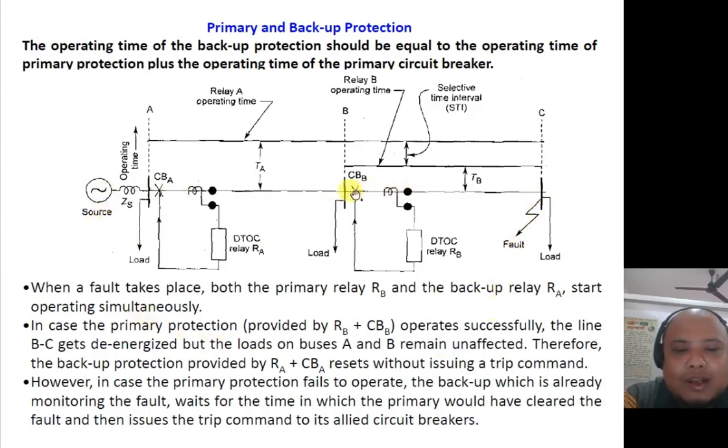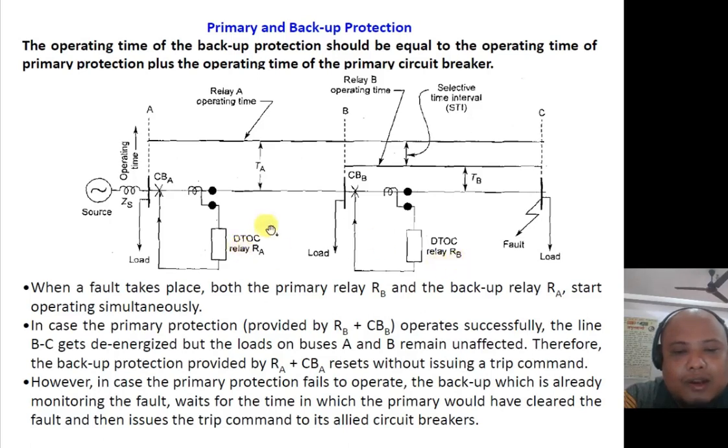But as soon as the faulty part is disconnected, current will go back to normal value. There will be no more fault current in the line. So this relay will come to know that current has gone back to normal value, so it will reset.